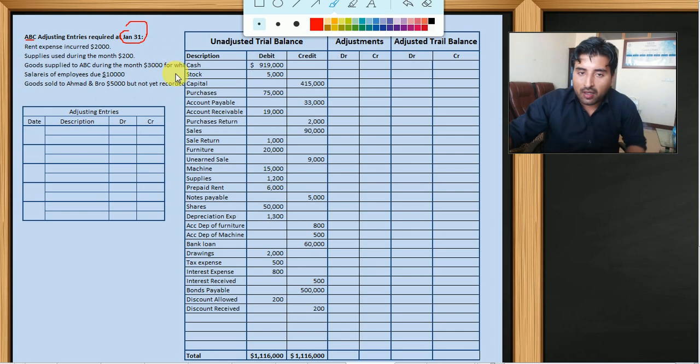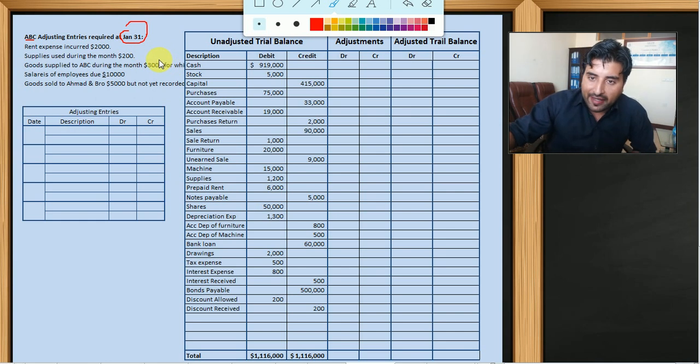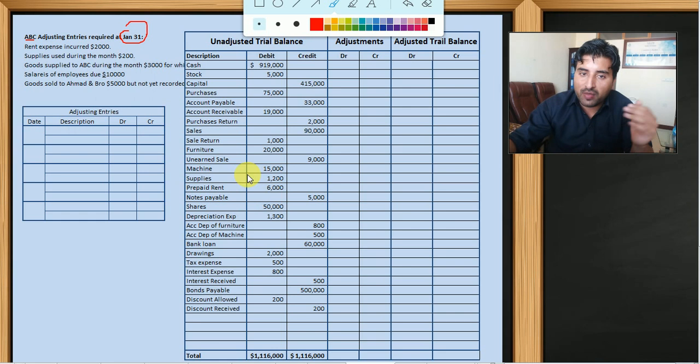What we are doing now is trying to identify those accounts which need to be adjusted. Depending on these entries, the first entry we have is rent expense incurred, $2,000. Make sure how many accounts we have in this trial balance which are related to rent. This is the procedure, the simple way to adjust.